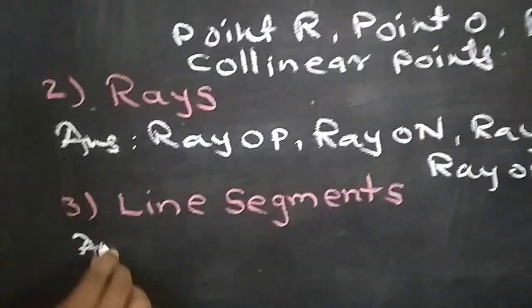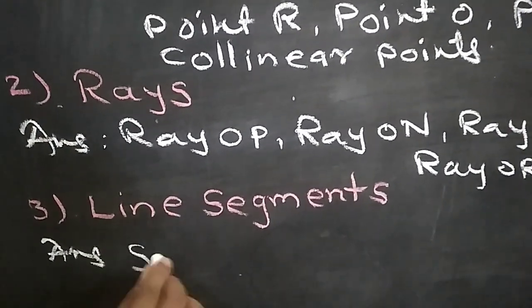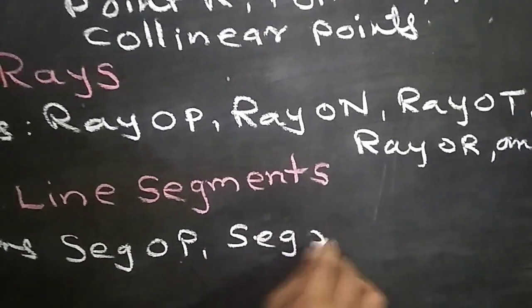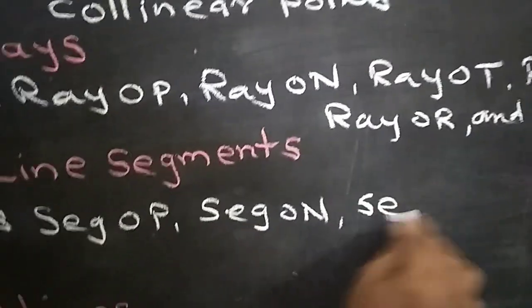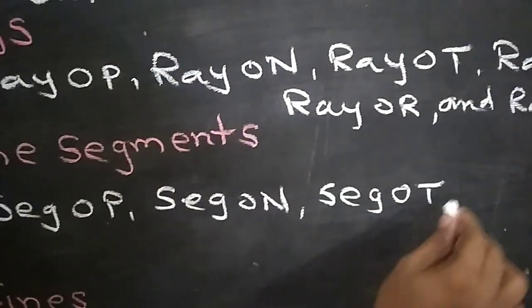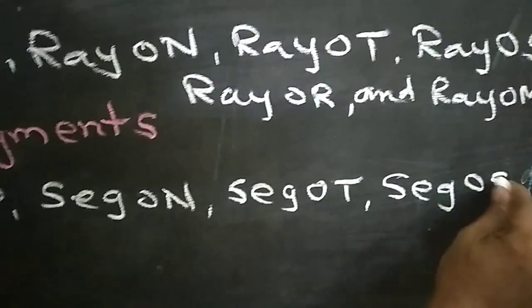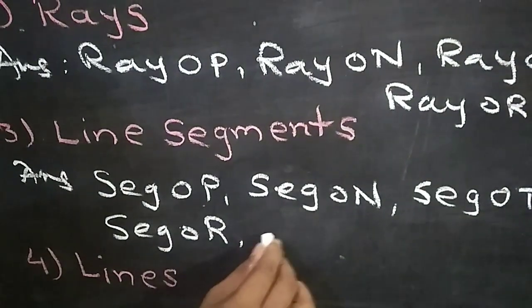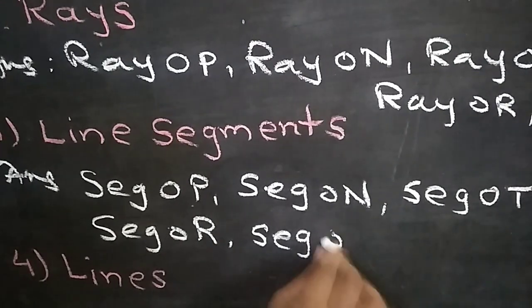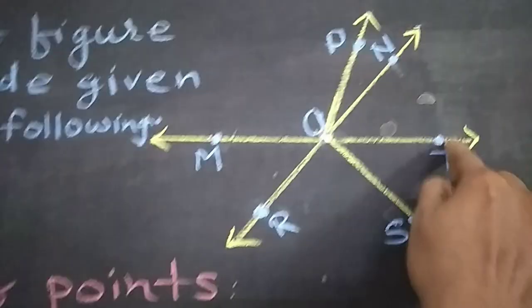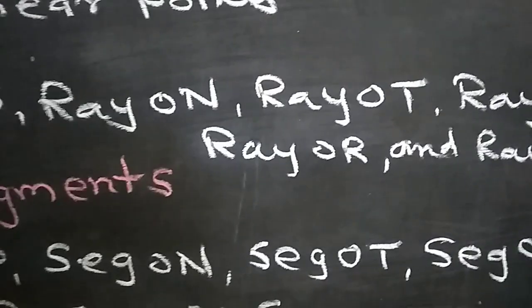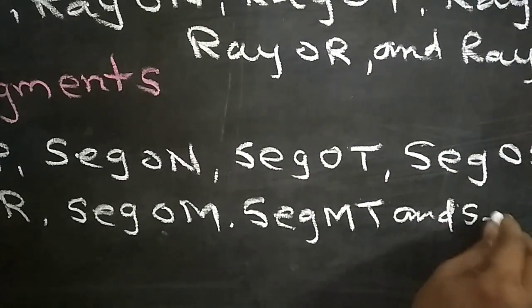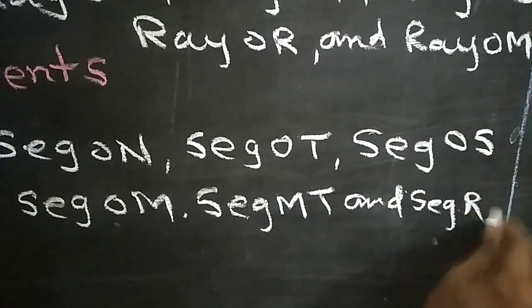So you will write here seg OP, seg ON, seg OT, seg OS, seg OR, seg OM, and one more, seg MT and seg RN.